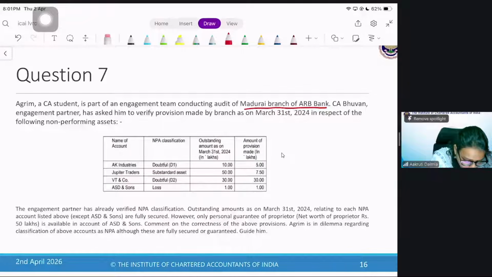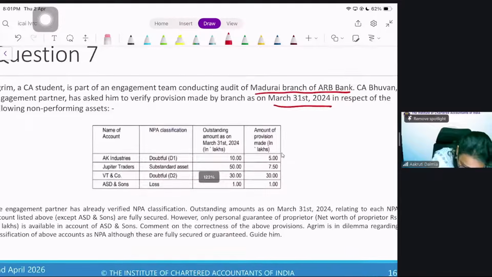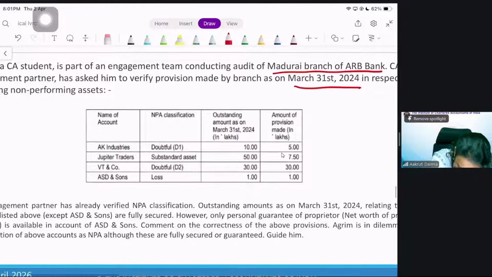CA Bhuvan, engagement partner, has asked him to verify provisioning made by the branch as on 31st March 2024 in respect of the following NPAs. AK Industries is D1, outstanding is 10, provisioning made of 5 lakhs, which means 50% provisioning has been done. Jupiter Traders is a substandard asset, 50 lakhs is the outstanding, and 7.5 is done.